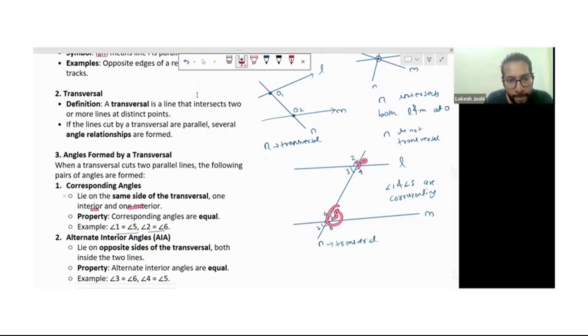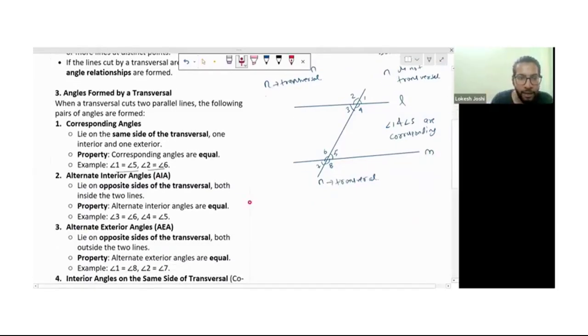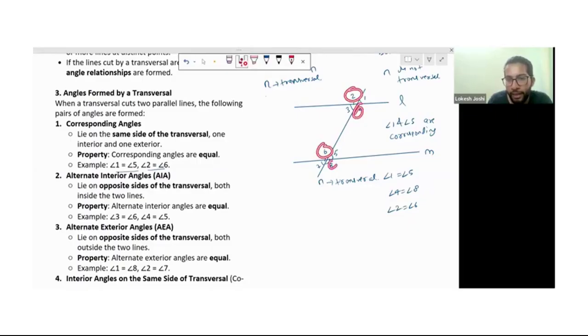So they are the corresponding angles. And in the case when two lines are parallel, corresponding angles are equal, which means angle 1 is equal to angle 5, angle 4 is equal to angle 8, angle 2 is equal to angle 6, which is written there, 2 is there, 6 is there, 4 and 8. Now can you tell me, is angle 3 equal to angle 7 or not? They will be equal because they are parallel lines and both of them are corresponding angles.